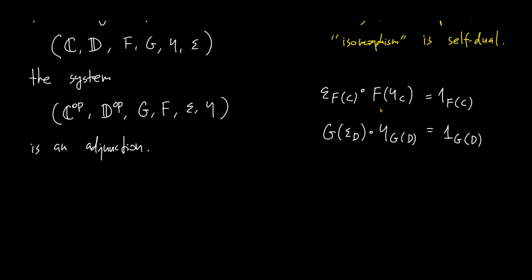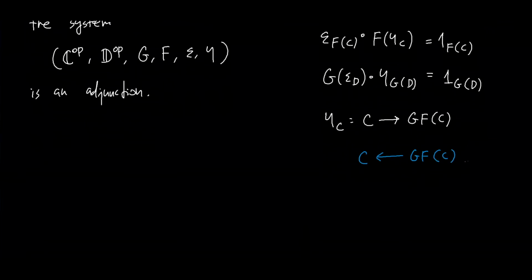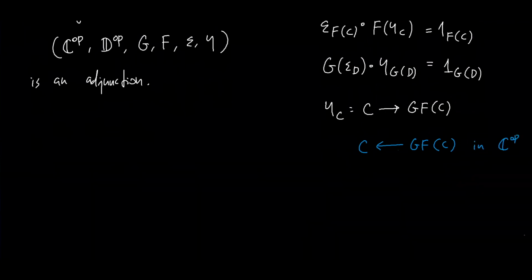So previously, eta C was going from C to GF of C. But now in the dual case, if I take this eta C and consider it in the dual category, it will run from GF of C back to C. This is what happens in C op.